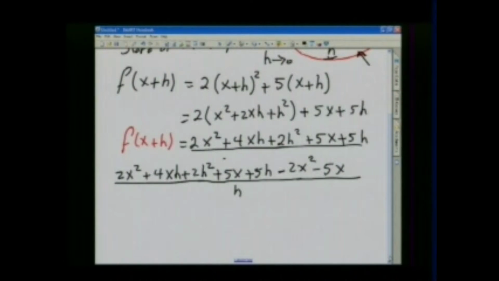Now we simplify this. 2x squared and minus 2x squared would cancel. Plus 5x and minus 5x would cancel. So what you would be left with is 4xh plus 2h squared plus 5h divided by h.